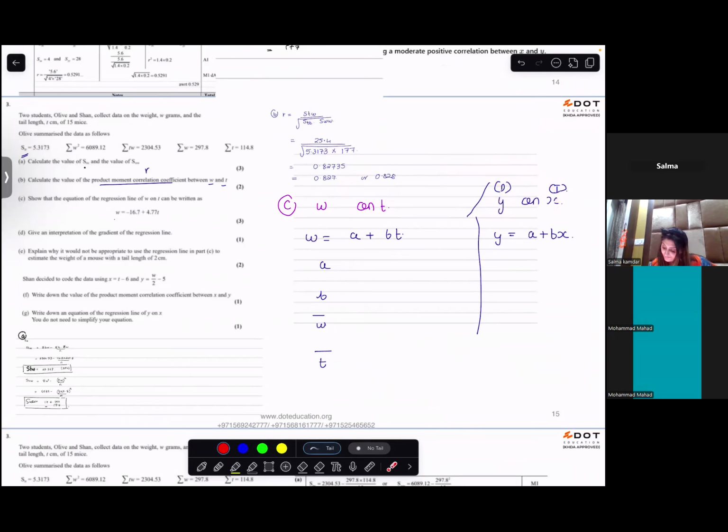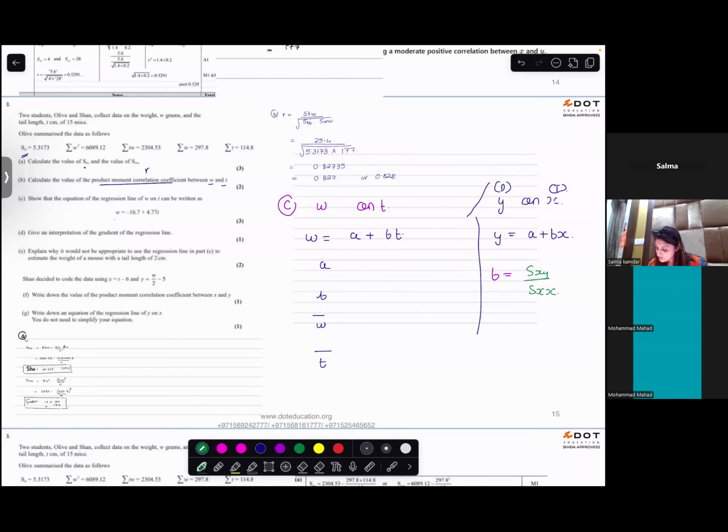To find A, I need the mean of W and the mean of T. And how do I find B? What is the formula for getting B? Give me the XY form first: SXY divided by SXX.